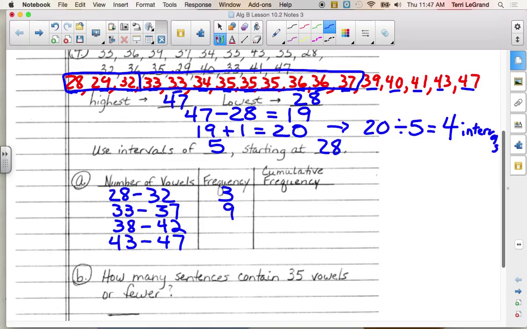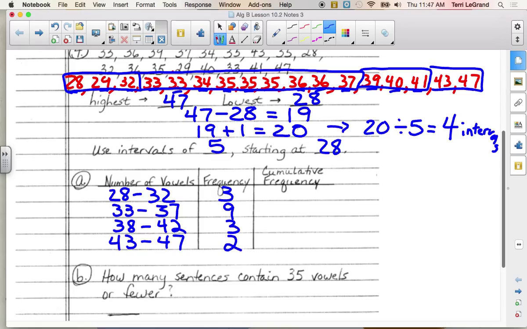Then in 38 through 42, we have 3 of them, and in 43 through 47, we have 2 of them. It adds up to 17.